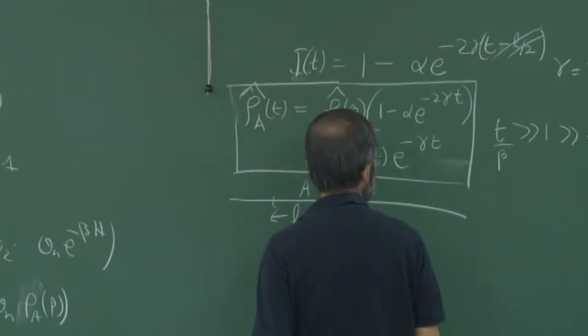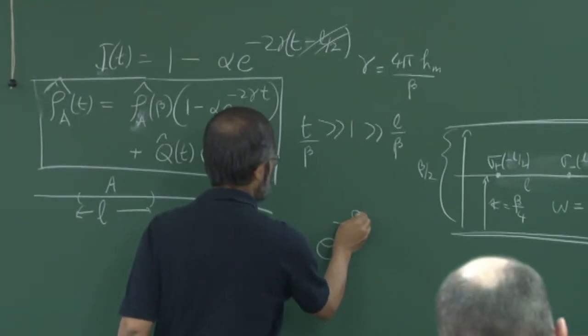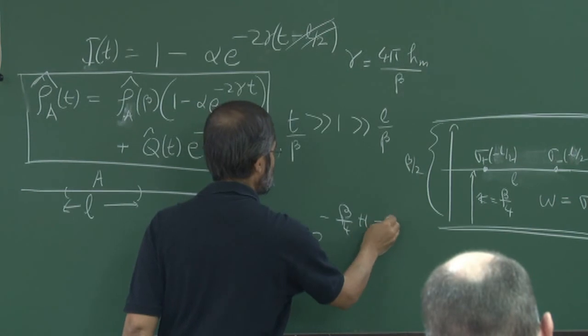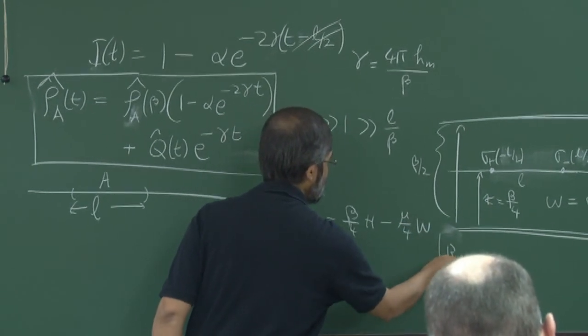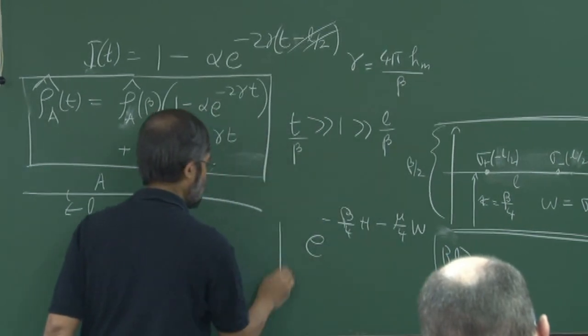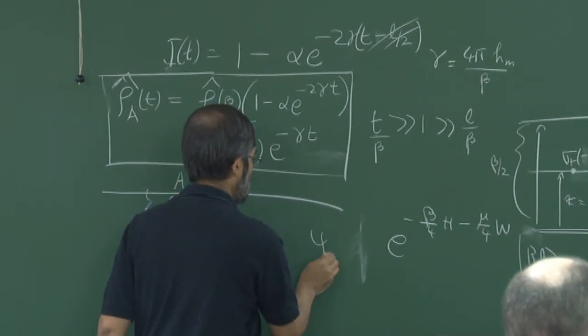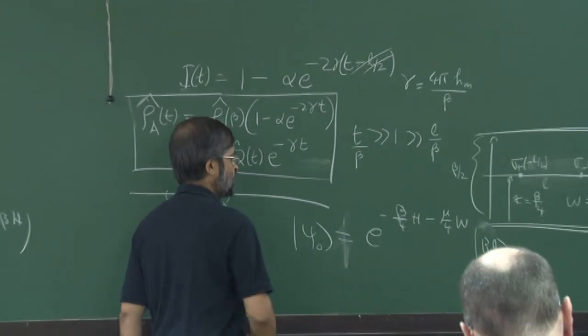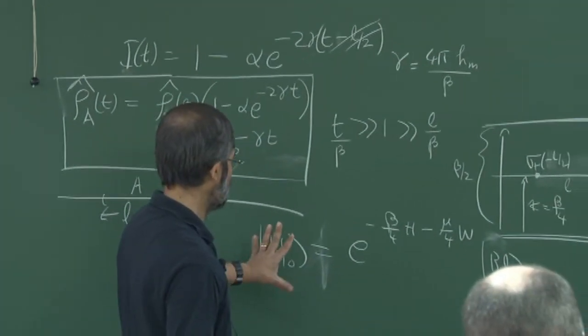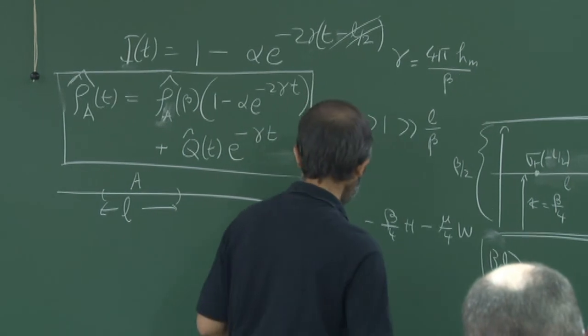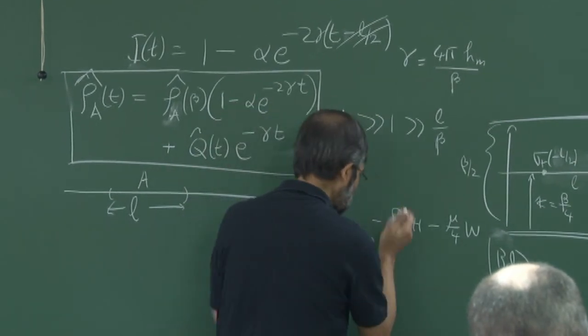If you have e to the power minus beta over 4 h minus mu over 4 W acting on the boundary state, if this is my quench state, then first of all, this identification is correct.